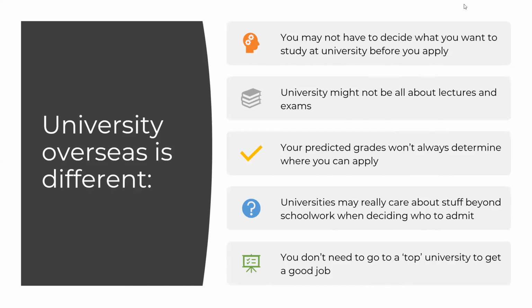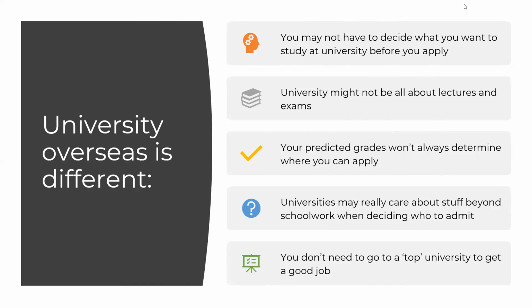Now, for those born and bred and raised in the UK system, whereby the grades needed to get into university are almost a shorthand as to how good that university is, that can feel quite countercultural. And as I'll explain later, you might see some excellent universities asking for C's or D's at A level, but they're selecting in a slightly different way. And therefore, the predicted grades won't always be that key factor.